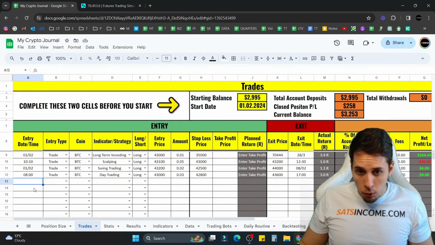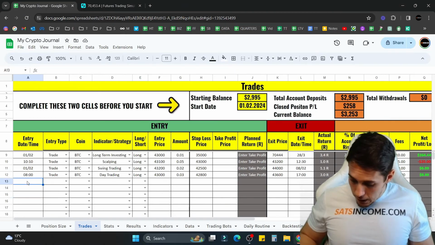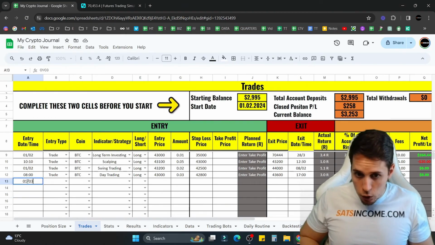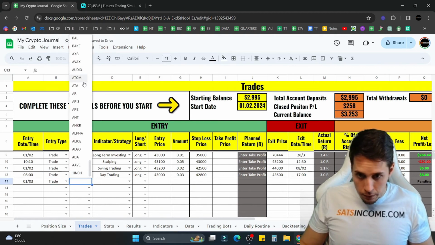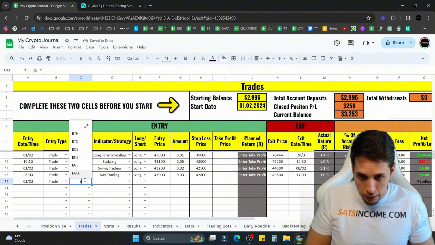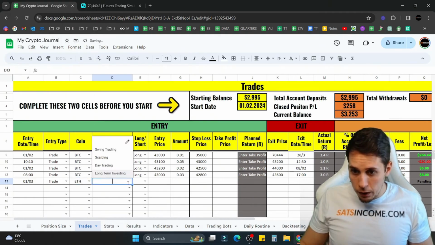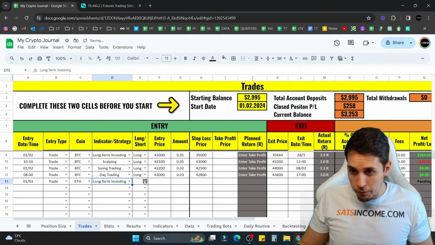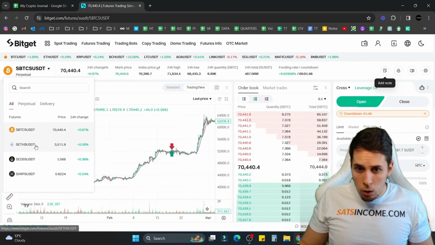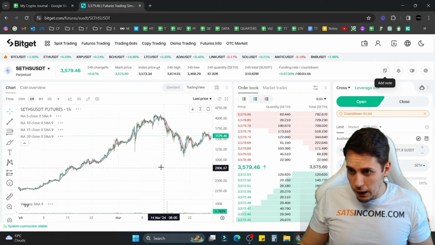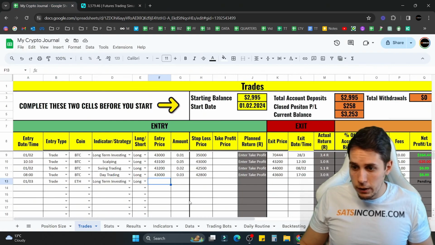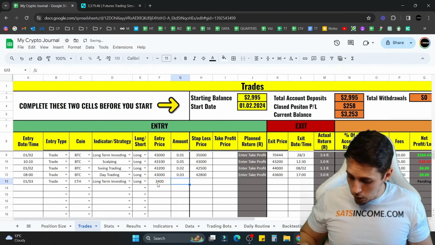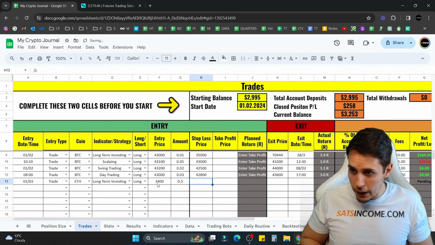Now let's add some more trades, but for March. Starting on March 1st, you bought Bitcoin, long-term investment, right? Or let's actually do Ethereum now. So Ethereum, you bought Ethereum long-term investing. It was a long trade. The entry price was, let's see, at the beginning of March, Ethereum was at $3,400, right? So you bought at $3,400, you enter like half Ethereum.